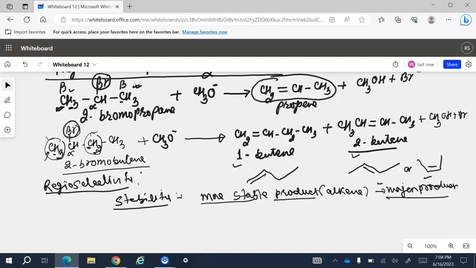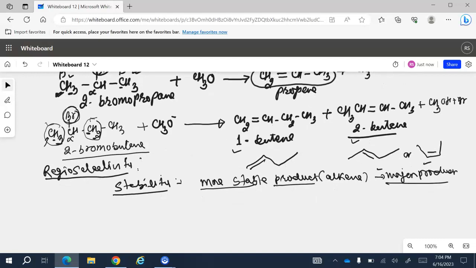Now the question is, how do we decide which one is the more stable product? The alkene will be more stable if it has more substituents attached to it.